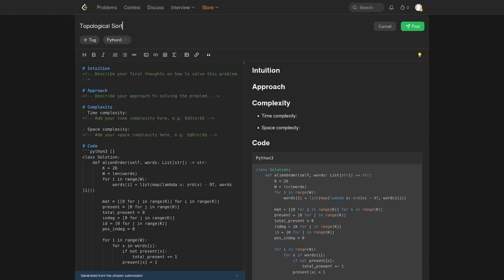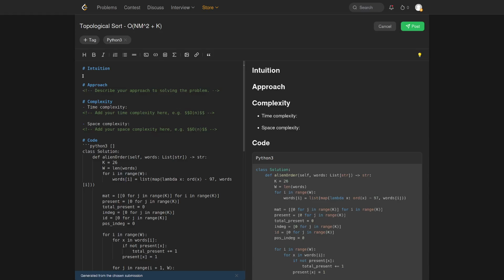Topological sort, and now what do we do? Let's say we have number of words and length, so I would say m squared plus k.